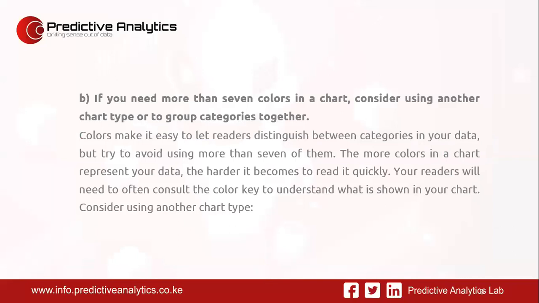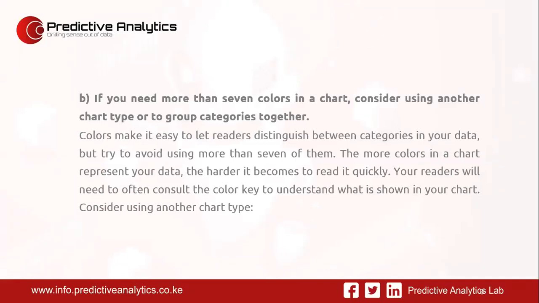Another thing to consider is if you need more than 7 colors in a chart, consider using another chart type or grouping categories together. In a later lesson, we are going to see that when you are using categories, you use what you call a divergent gradient. Colors make it easy to let readers distinguish between categories in our data, but try to avoid using more than 7 of them.